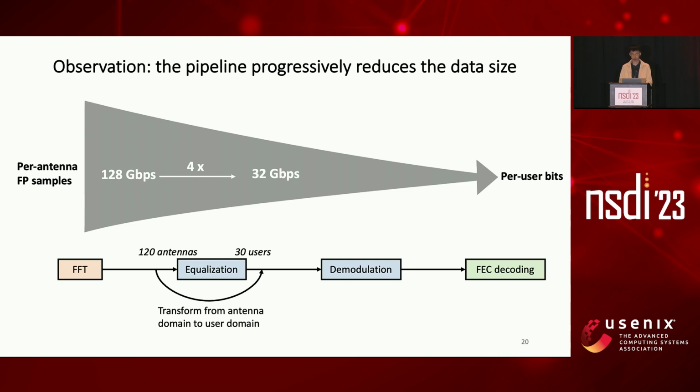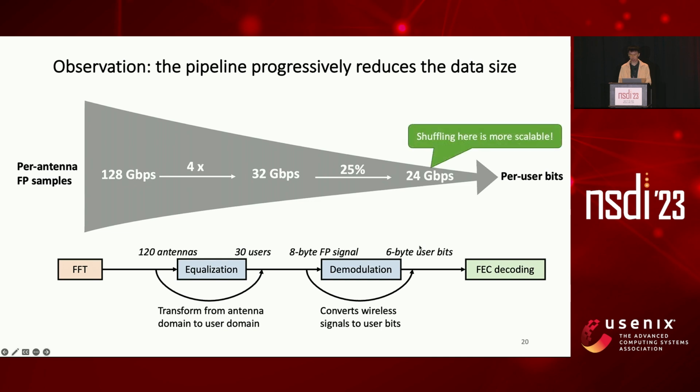This reduction is general because the number of users in massive MIMO is usually much smaller than the number of antennas. The demodulation stage converts the 8-byte floating point wireless signals into an intermediate representation of user bits, which is around 6 bytes, resulting in another 25% reduction. Therefore, if we can delay the data shuffling until the user parallel stage, it is more scalable.